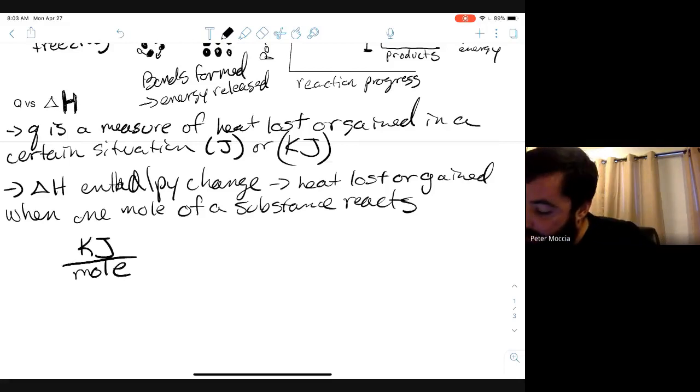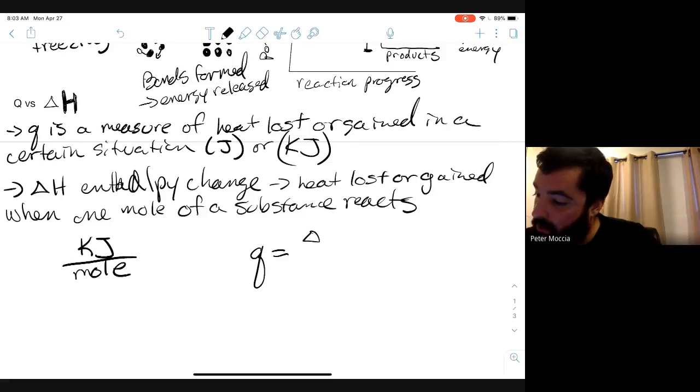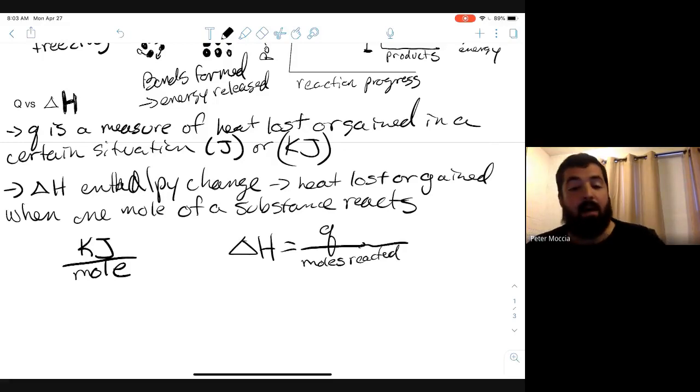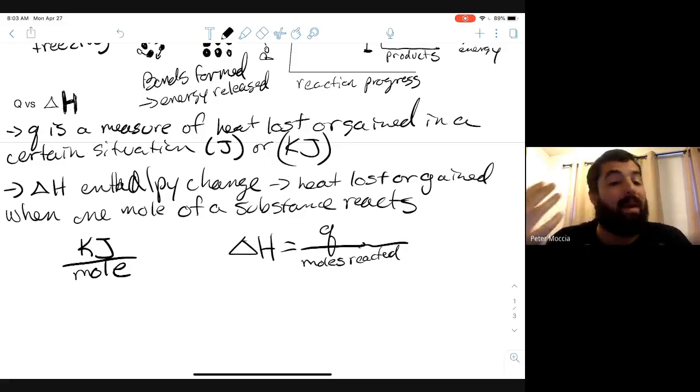And then often, if you want to relate the two, delta H is equal to Q divided by moles reacted. So it's Q divided by however many moles reacted with Q, and that'll give you how much heat was lost or gained per 1 mole of whatever you're studying.